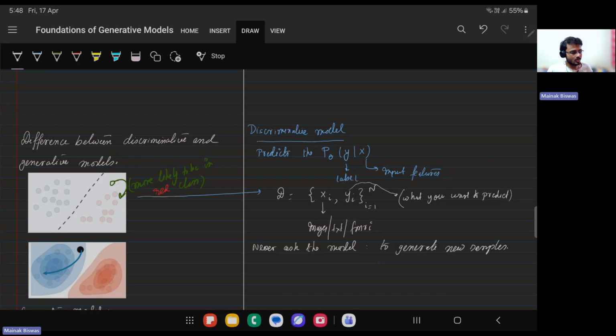So the model will not be able to give you new data points, and that's what makes these models have a little bit of a drawback in themselves.